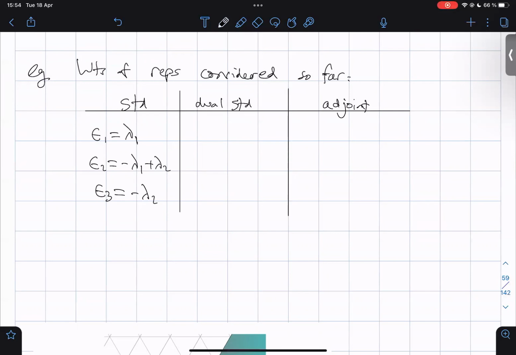Dual: lambda 2, then lambda 1 minus lambda 2, and minus lambda 1.